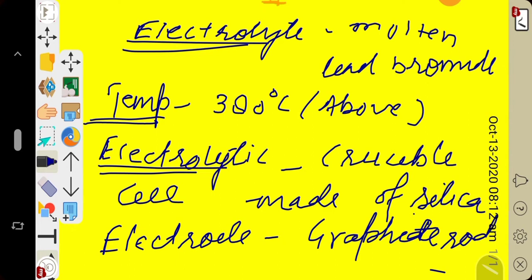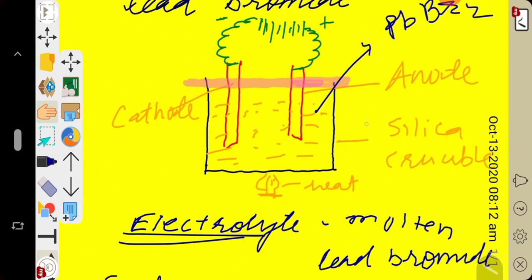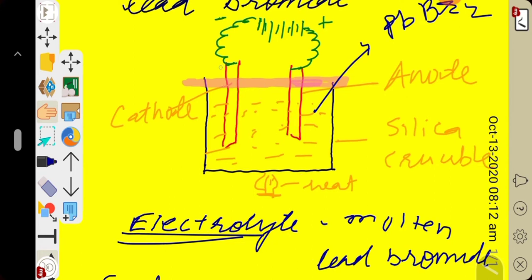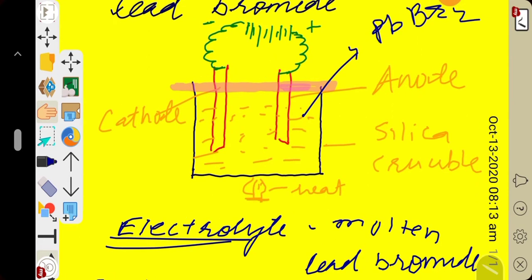As you supply electric current, here you can see the graphite rod is used as an electrode, and these two rods are connected to the positive and negative terminals of the battery.